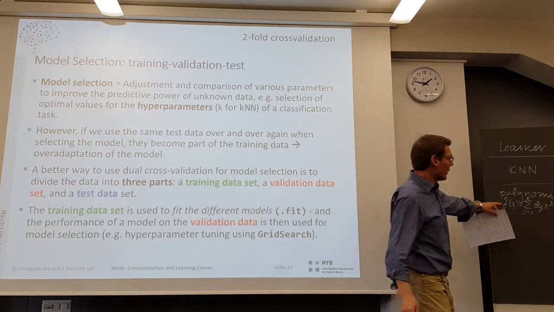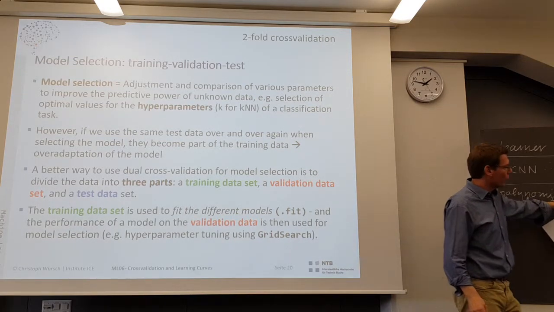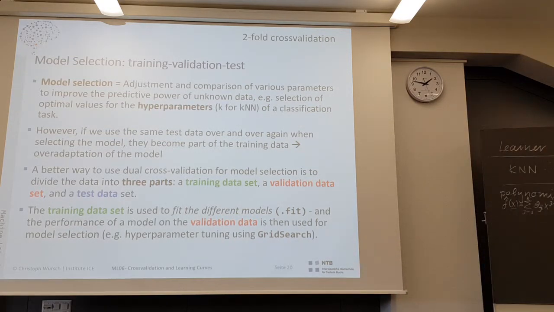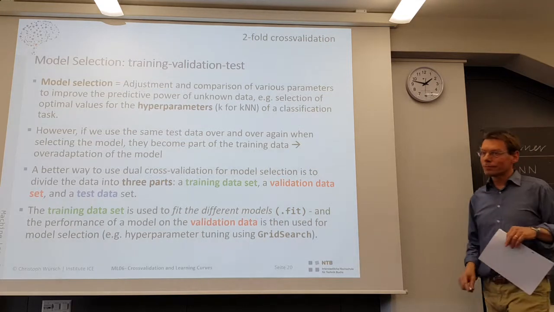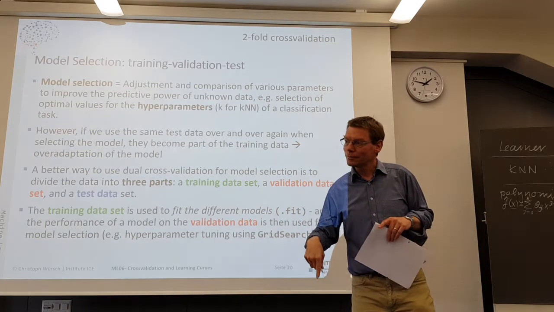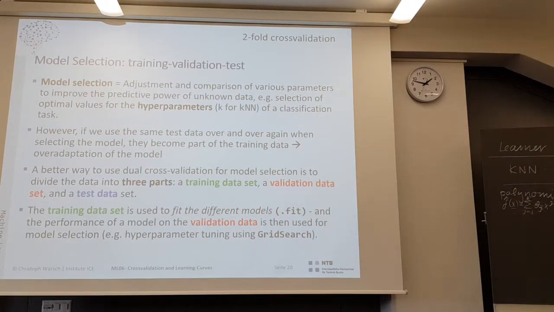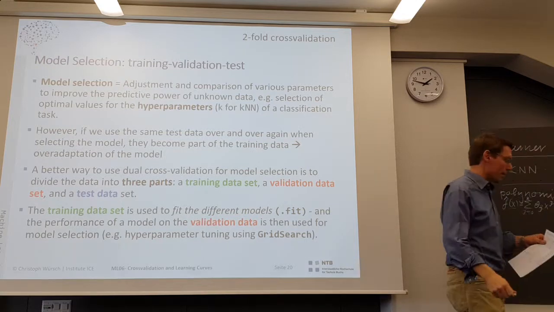If you increase the complexity here, the order K goes up, the bias will go down, the variance goes up. At least a tendency.